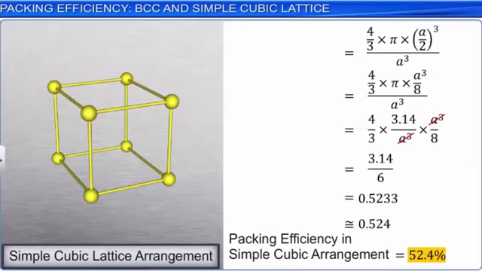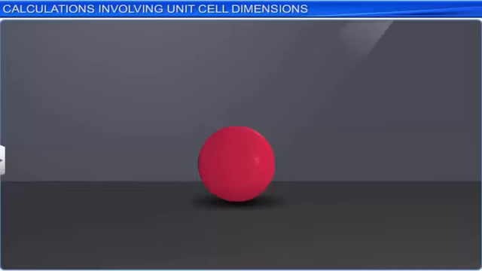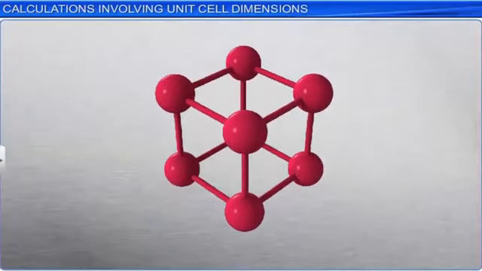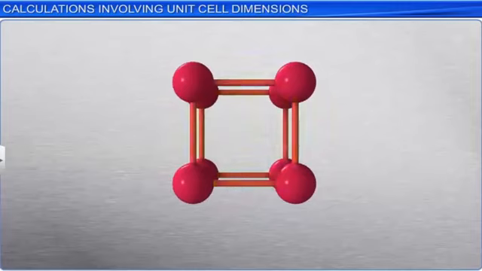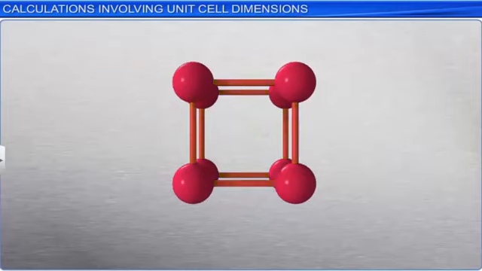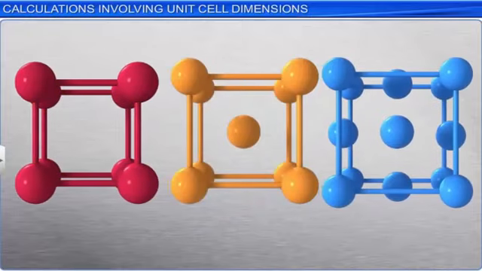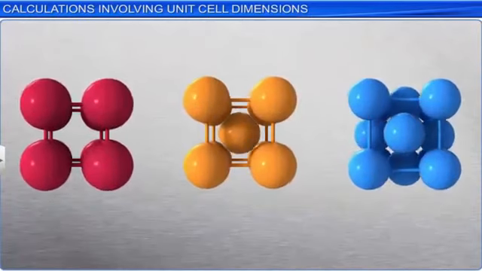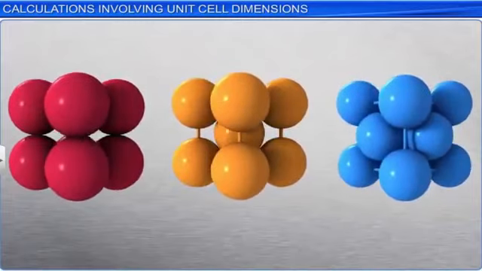Therefore, the packing efficiency in simple cubic arrangement is equal to 52.4%. By X-ray studies, we can determine the length of the edge of a cubic lattice. Knowing the type of crystal lattice that it has, we can determine the number of particles per unit cell.